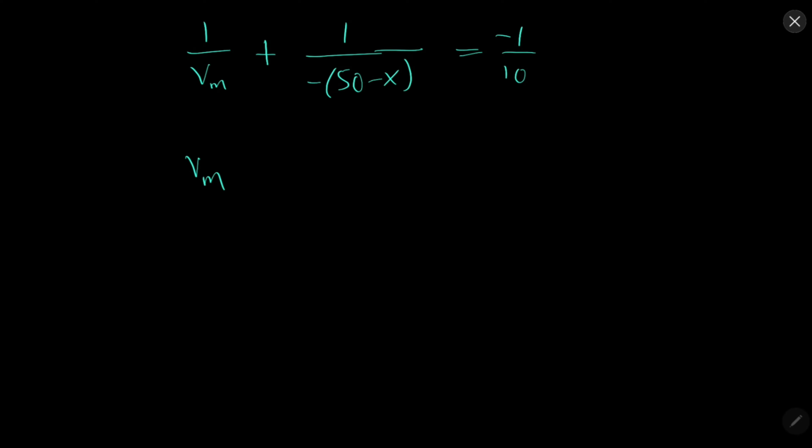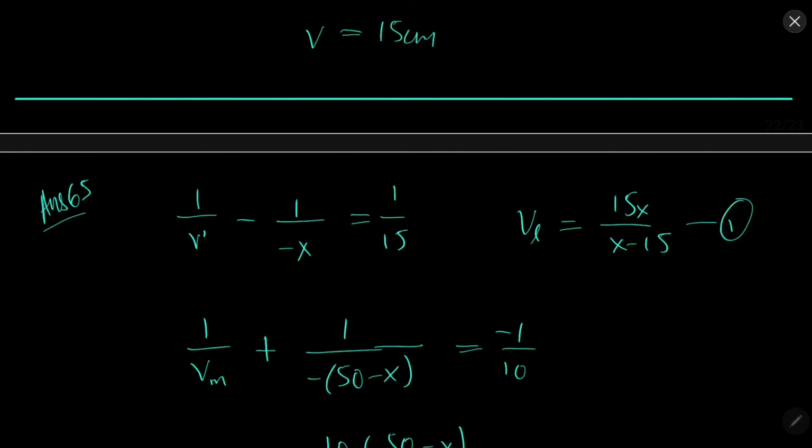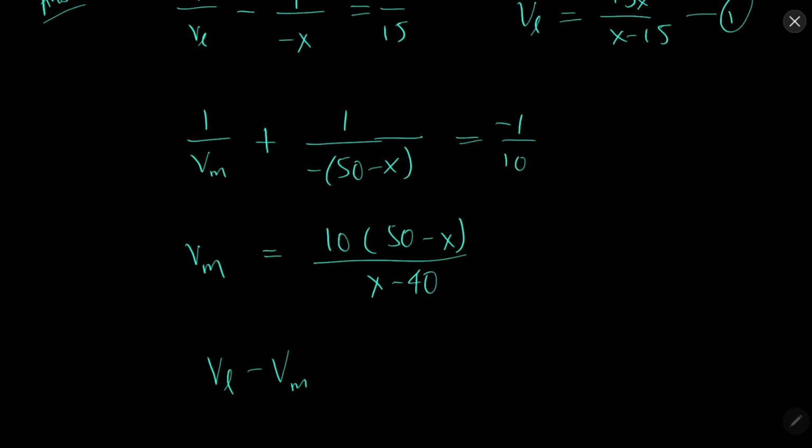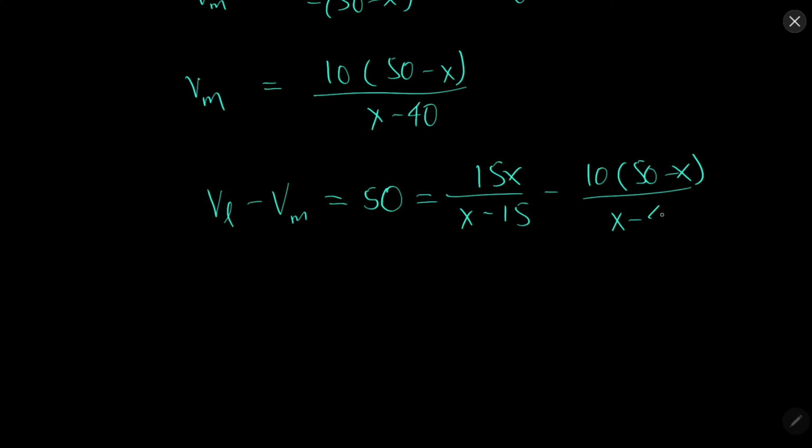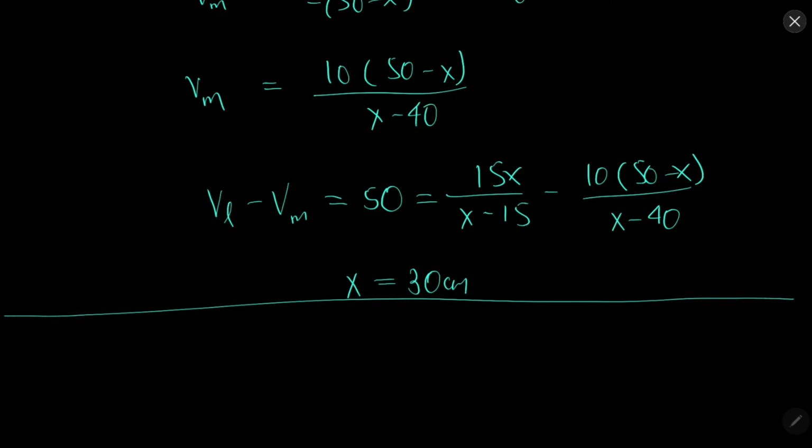Vm will come out to be 10(50 minus x)/(x minus 40). So v dash minus Vm, or let's call this Vl for lens and Vm for mirror. Once we put all the values, we find that x will come out to be 30 centimeters.